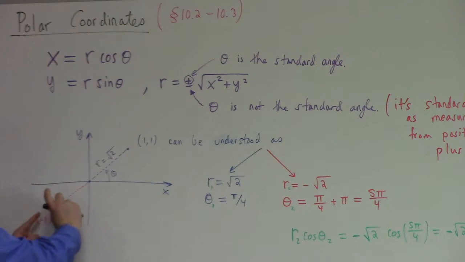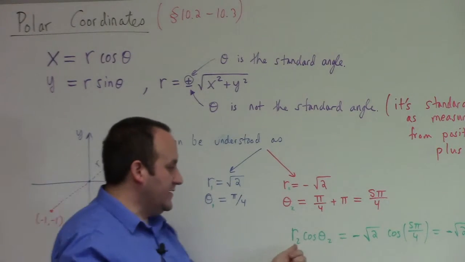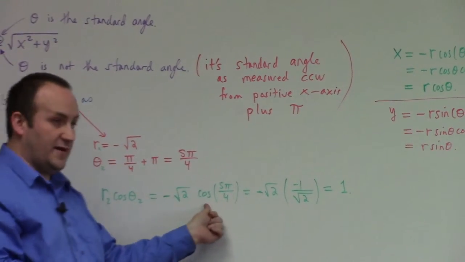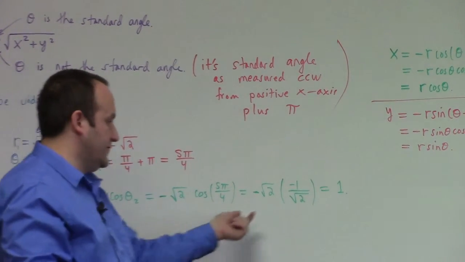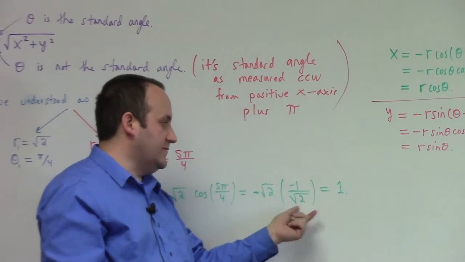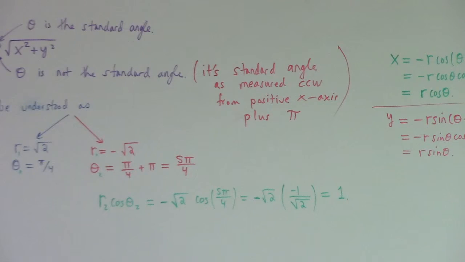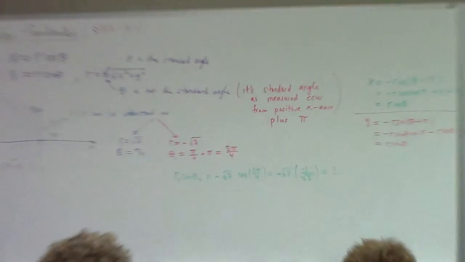Negative radius flips you over the origin to the other side. Let me show you how that works. In terms of the formula, r2 cosine theta 2 is minus the square root of 2 times cosine of 5 pi over 4, which is minus root 2 times minus 1 over root 2, which gives you back 1. As you can see, it's legit. It gives you back the same x: x is 1 with either choice of polar coordinates.